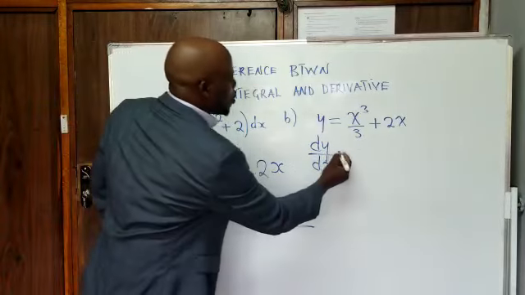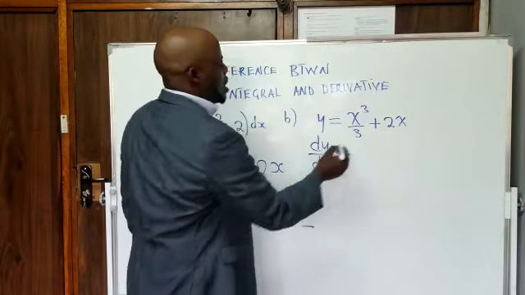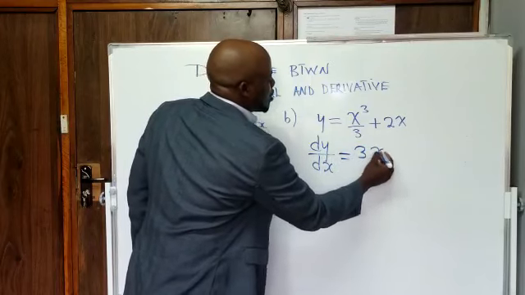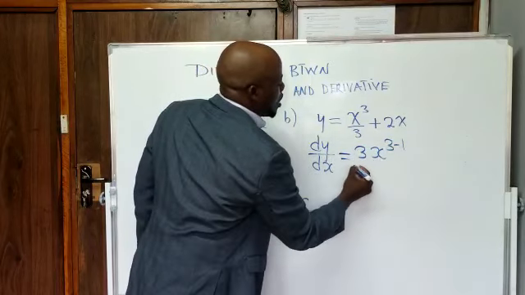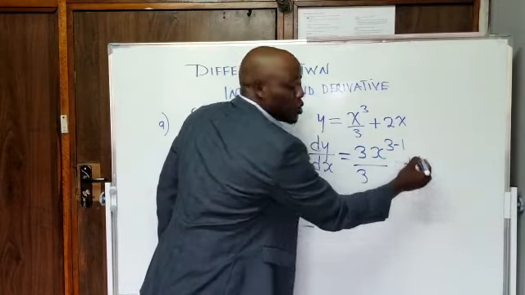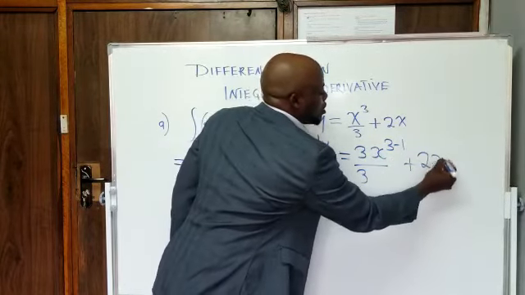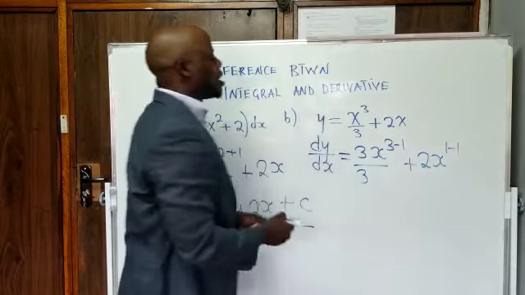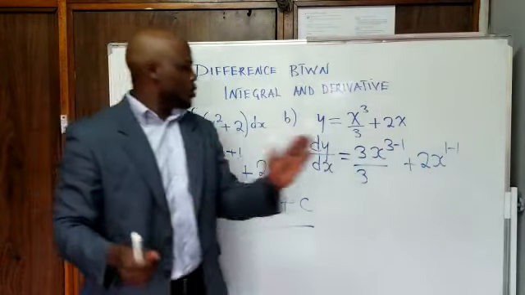Okay, so here we shall say 3x power 3 minus 1 over 3 plus, I'll explain, 2x power 1 minus 1 there. So you see what we have here.